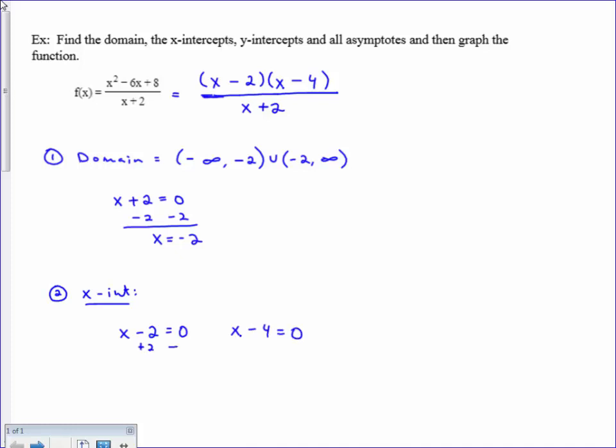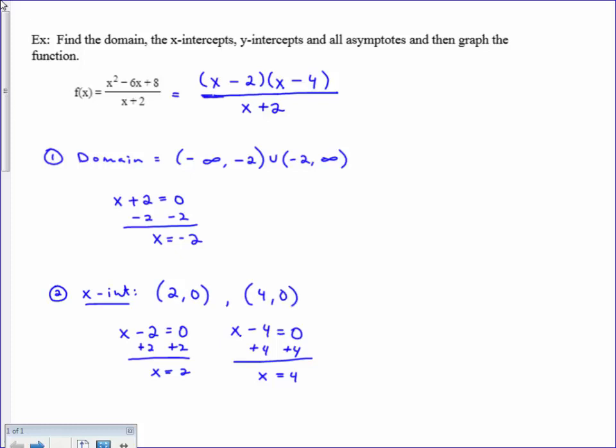Doing that, I would end up with x is 2 and x is 4. Now, when you're finding x-intercepts, you want to make sure to write them as ordered pairs. And so here, the first ordered pair would be 2, 0, and then the second ordered pair, 4, 0.